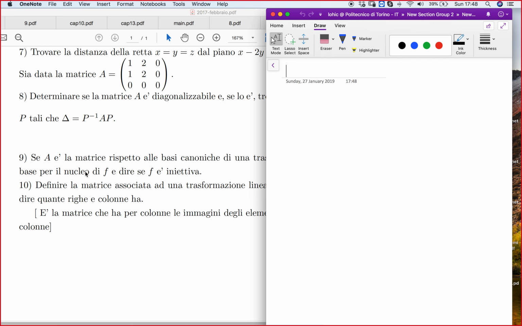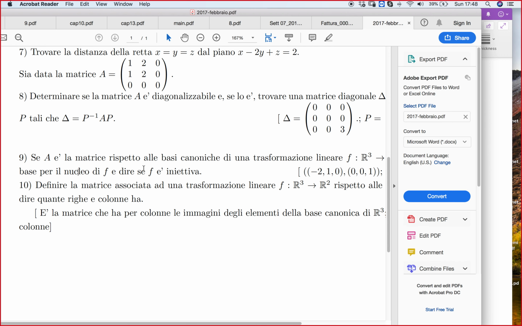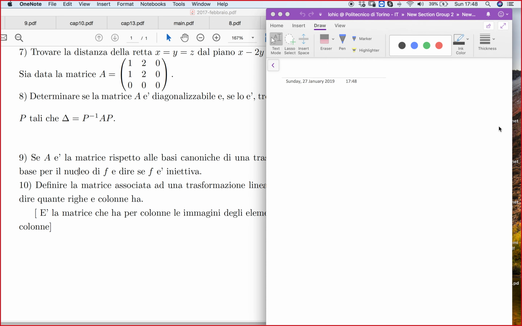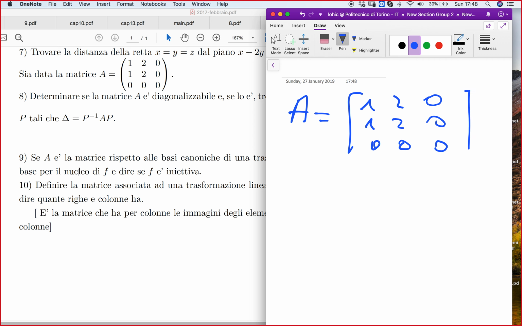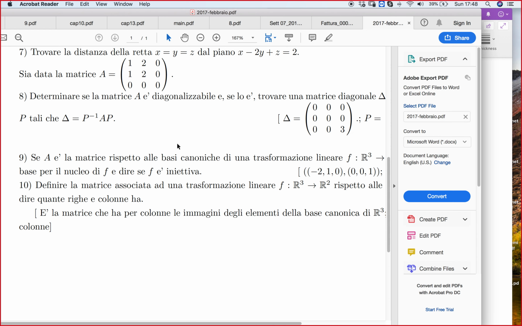So the last exercise: let's say that the matrix A given by 1, 2, 0, 1, 2, 0, and 0, 0, 0 is the matrix of a linear mapping.